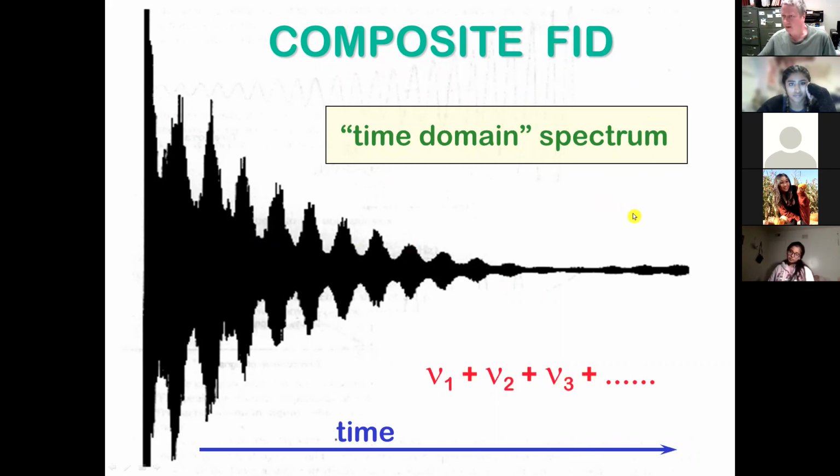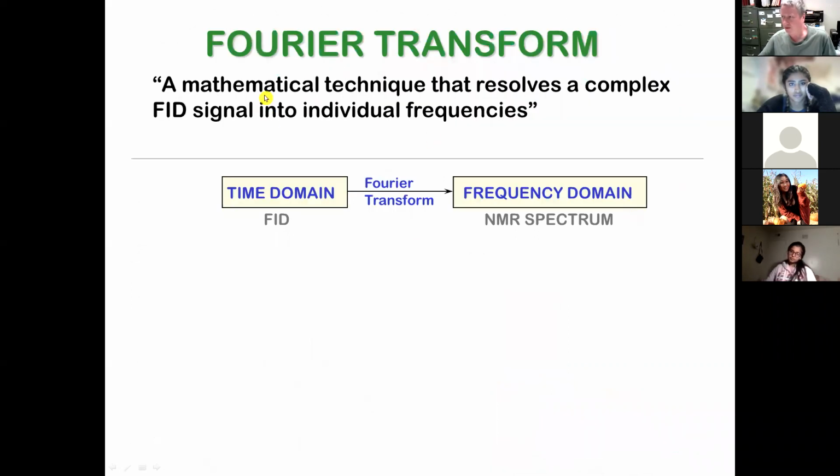And then what's cool though is you can do this trick called Fourier transform. This is a mathematical trick that you might learn about in an engineering course. It's essentially a very difficult mathematical process that computers do very easily. It basically turns a time domain spectrum into a frequency domain spectrum. And the frequency domain is the one we like. We see the different frequencies, right?